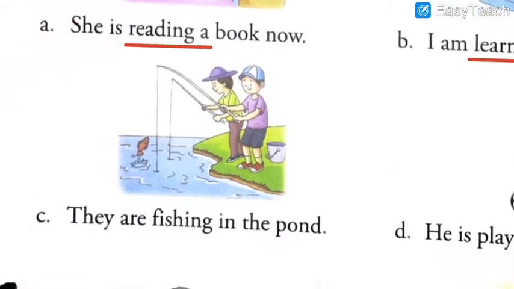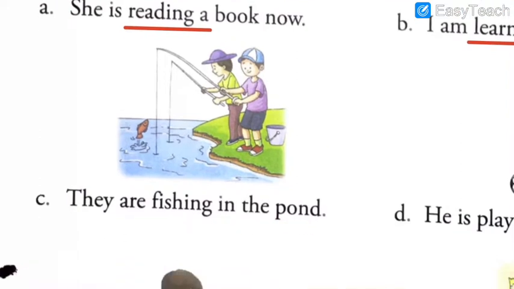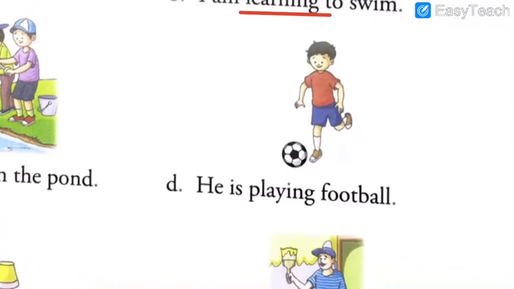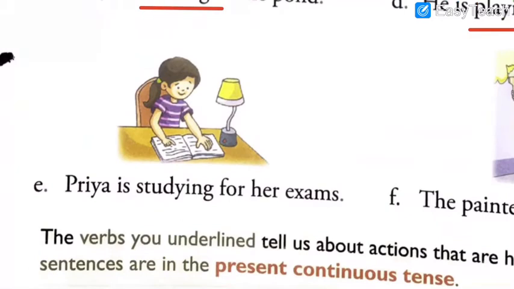Next picture. They are fishing in the pond. What are they doing? Fishing. He is playing football. What is he doing? Playing. Priya is studying for her exams. What is Priya doing for exams?